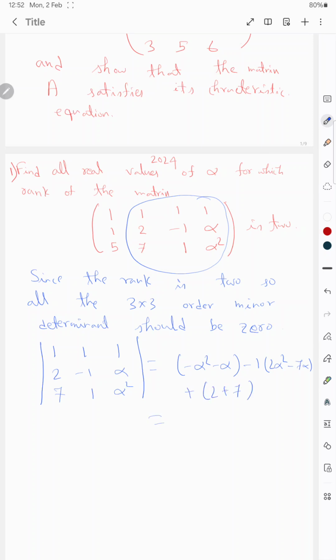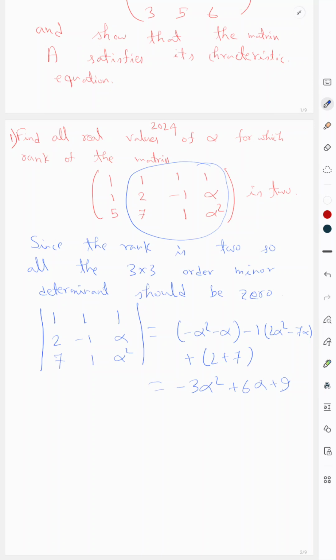So from there what you are getting: minus 3 alpha square minus alpha minus alpha plus 7 alpha, that is plus 5 alpha plus 9, right? Okay, I think there is some mistake. So I modified this, so you have this type of thing.